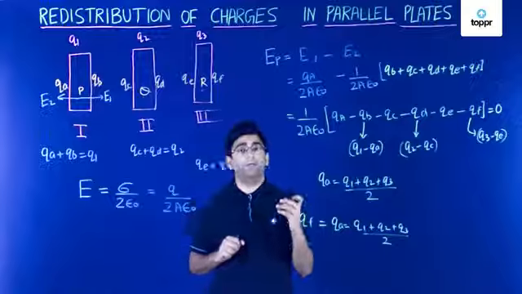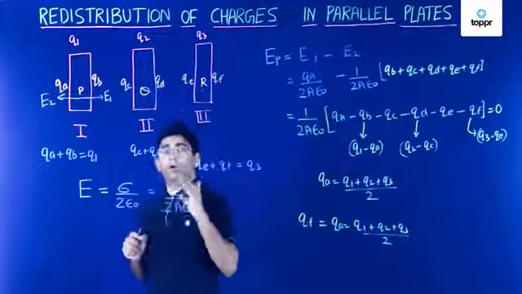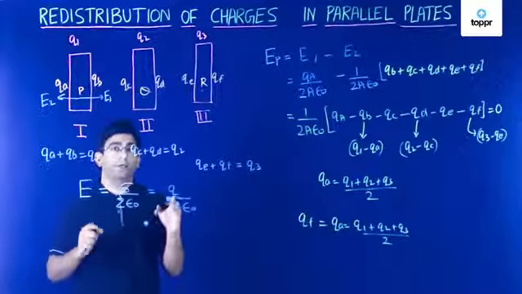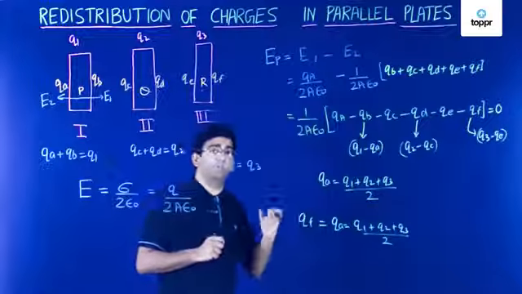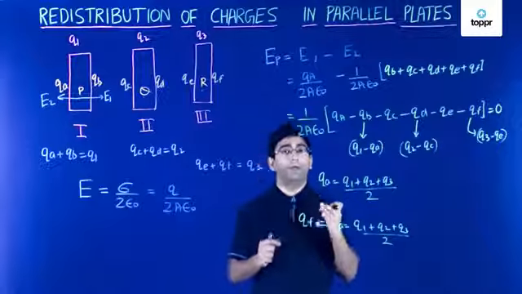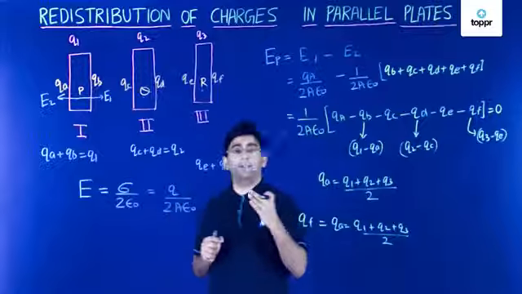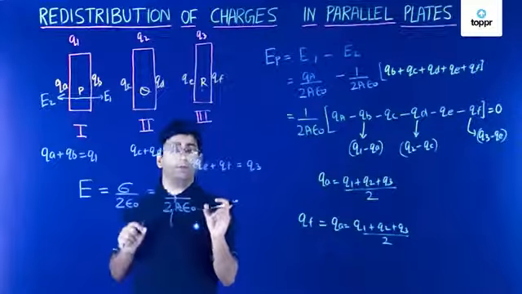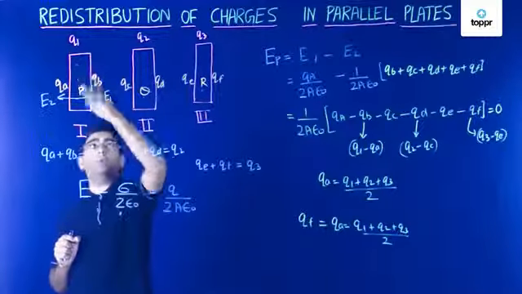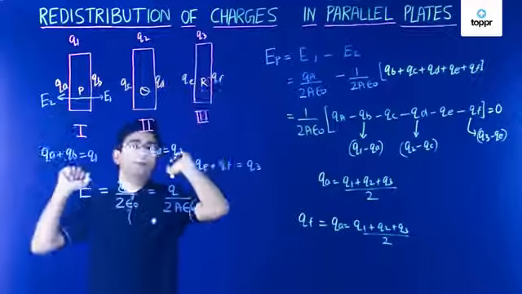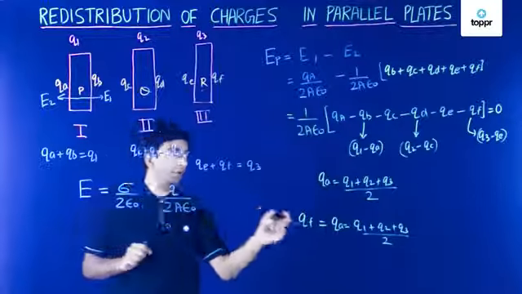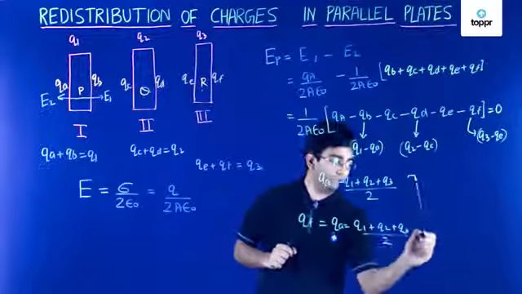So from here we can conclude, whenever there are 3 or any multiple number of plates and we have given different charges to the different plates, if I add all of those charges and then divide that by 2, that much charge would be on the outer surface of the outermost plates. So QA and QF are given by the same expression.